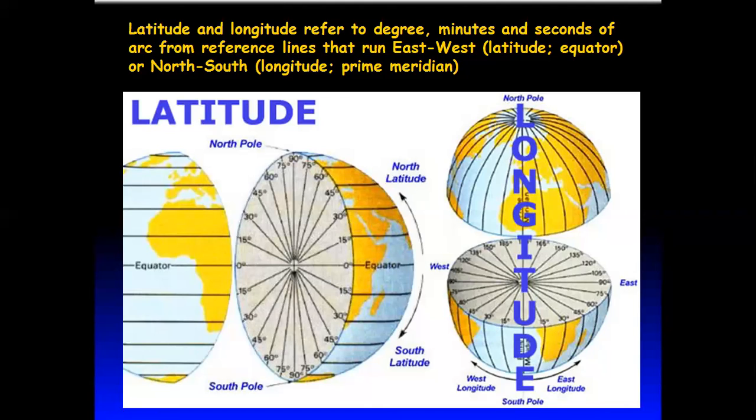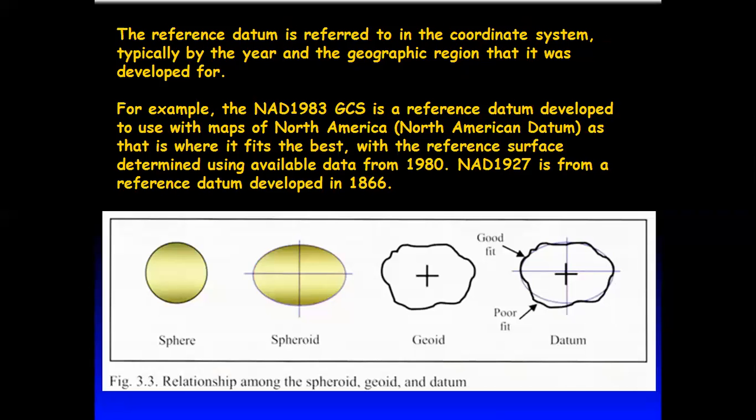See here, the reference datum is defined in the coordinate system, typically by the year and the geographic region that it was developed for. For example, when we consider the sphere, or spheroid or geoid, which doesn't have a specific shape, that is called datum. NAD 1983 GCS is a reference datum developed to use with maps of North America.